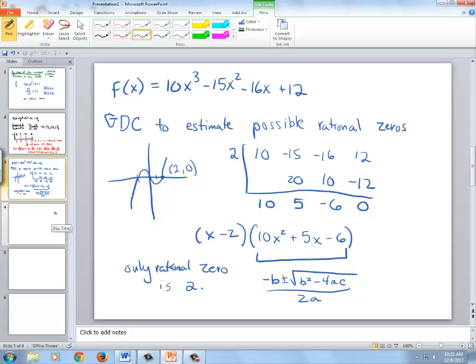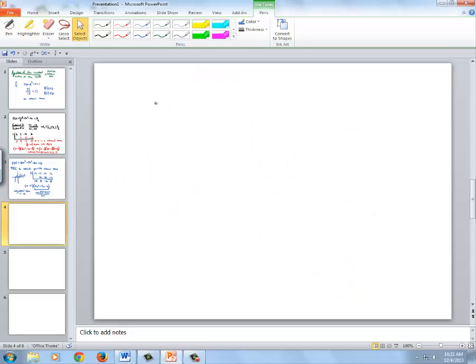I can give you a few more problems. But remember the factors of 10 and 12, there's quite a few here. So if we were to look at the factors of 10 and 12, we'll go ahead and write that out real quick. It was 10x cubed minus 15x squared minus 16x plus 12. And remember, our constant factors are up top. So we have plus or minus 1, plus or minus 2, plus or minus 3, plus or minus 4.